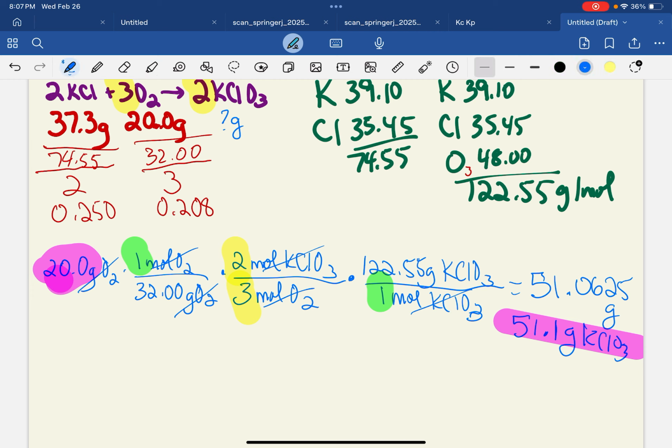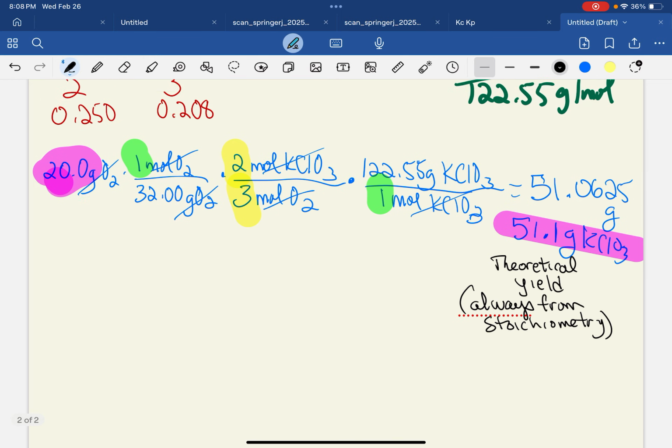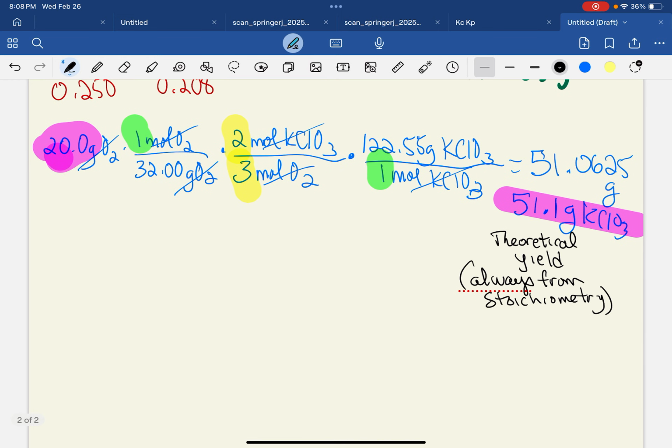I think theoretical yield is the word they use. You always get the theoretical yield from stoichiometry. You always have to calculate the theoretical yield, unless they give it to you, and I'm not going to give that to you on the test. You're going to have to calculate that from the stoichiometry.